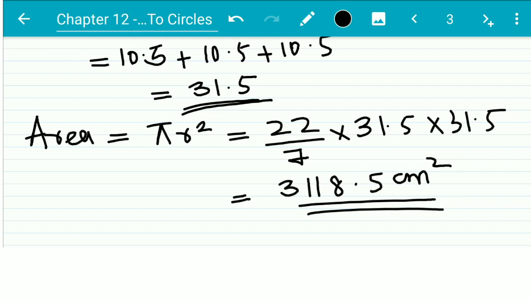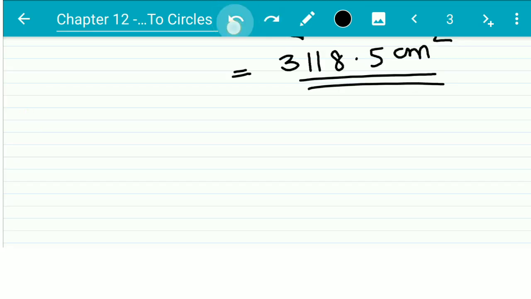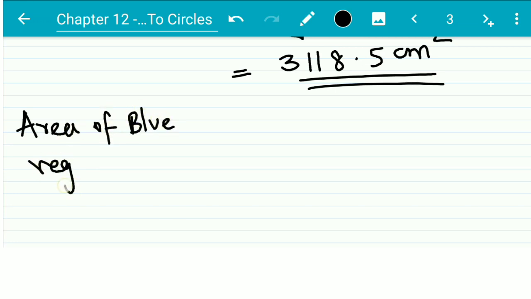Now this area is what? Area of blue region including red and gold. But we need area of blue region only. So below that you write area of blue region only equal to, what is it?